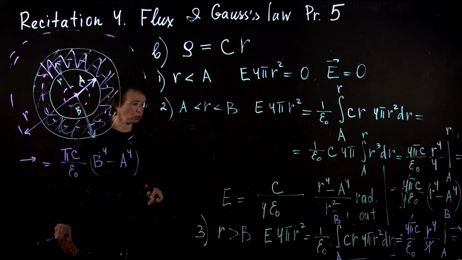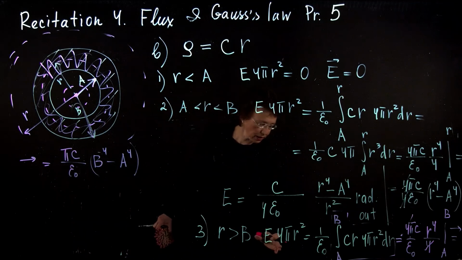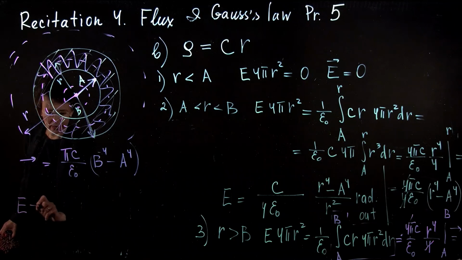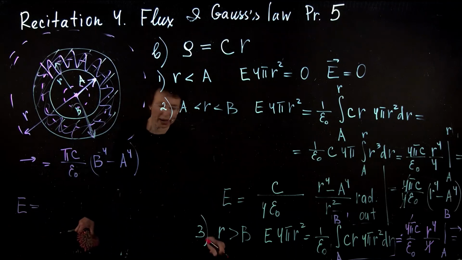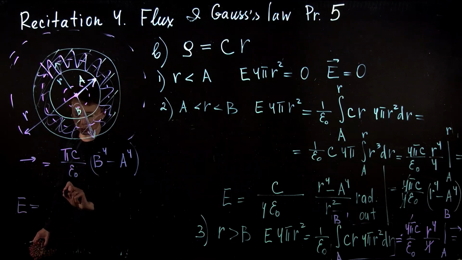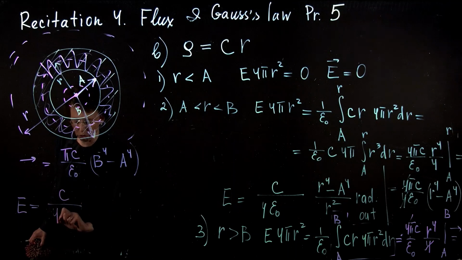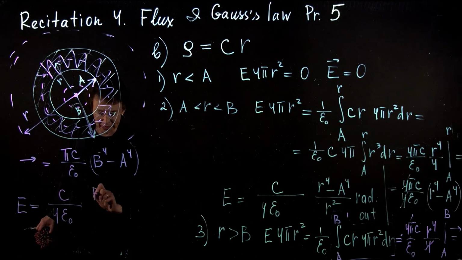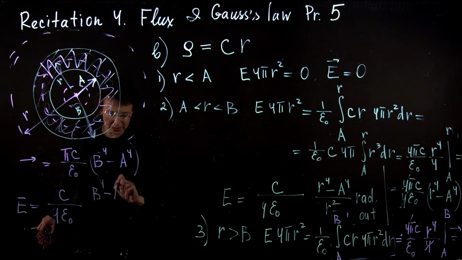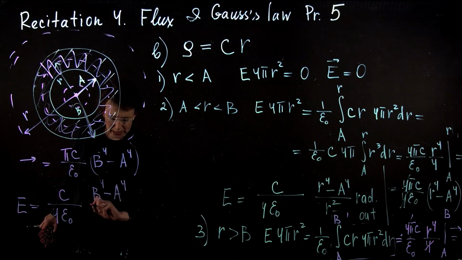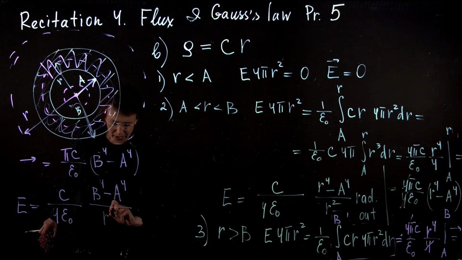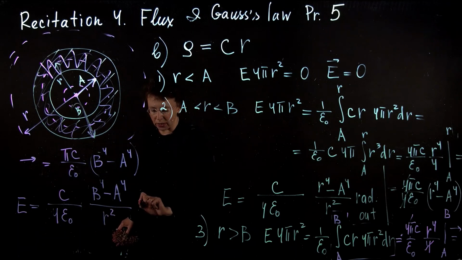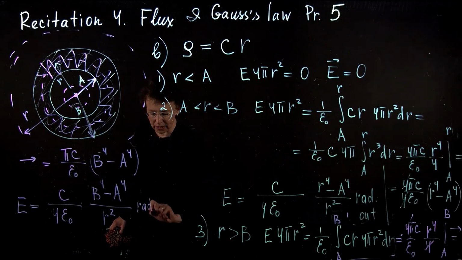And now we are ready to find the electric field. I have E times 4 pi r squared on the left. I divide the right-hand side by 4 pi r squared. Pi and pi will be gone, so we'll have C over 4 epsilon naught, b to the 4th minus a to the 4th divided by r squared, and the direction is radially out.